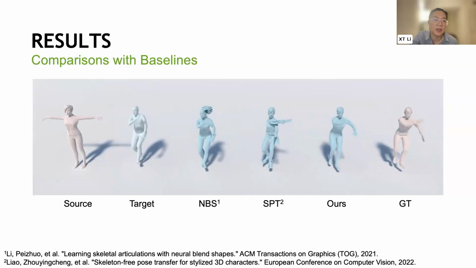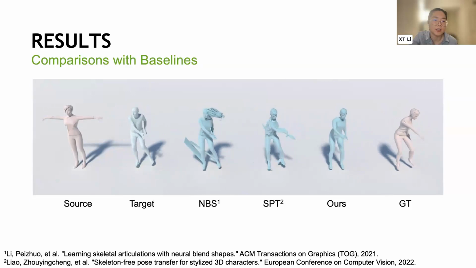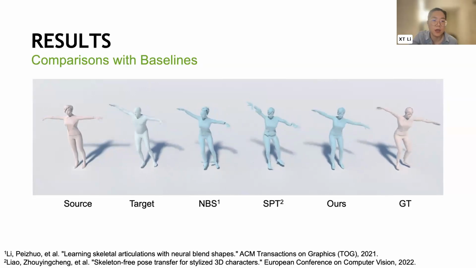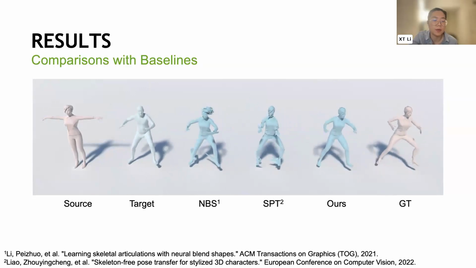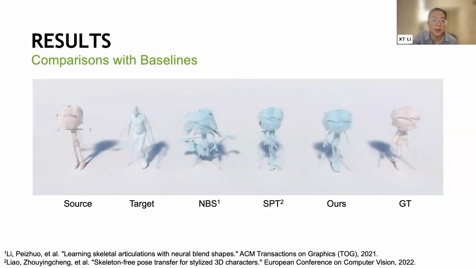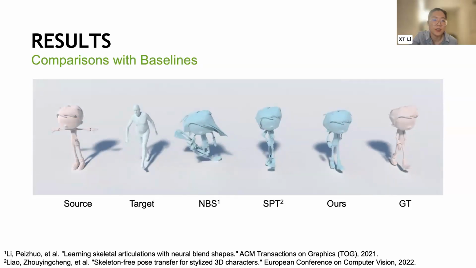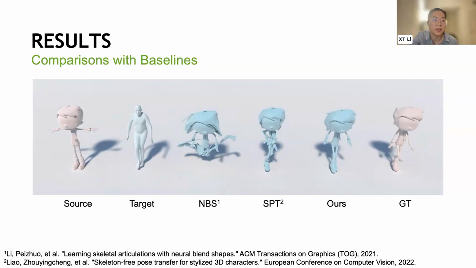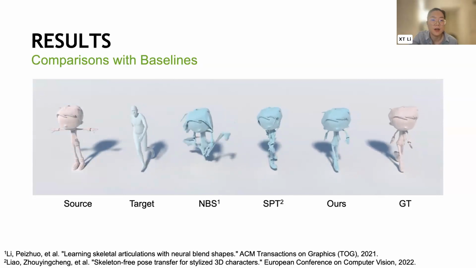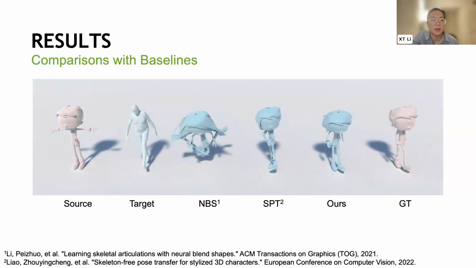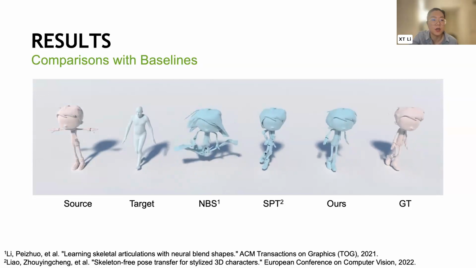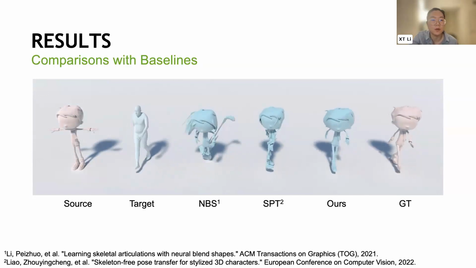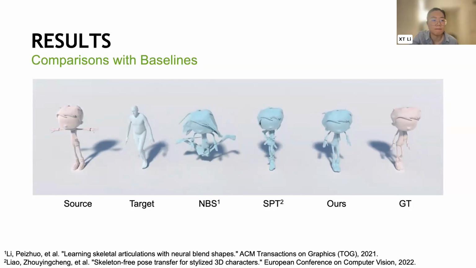For example, here the hair in the baseline is detached from the body, but our model can preserve the hair well. We also show this challenging case where the stylized character has a really big head. This is really different from the training data, but the model can still produce reasonable animation results.